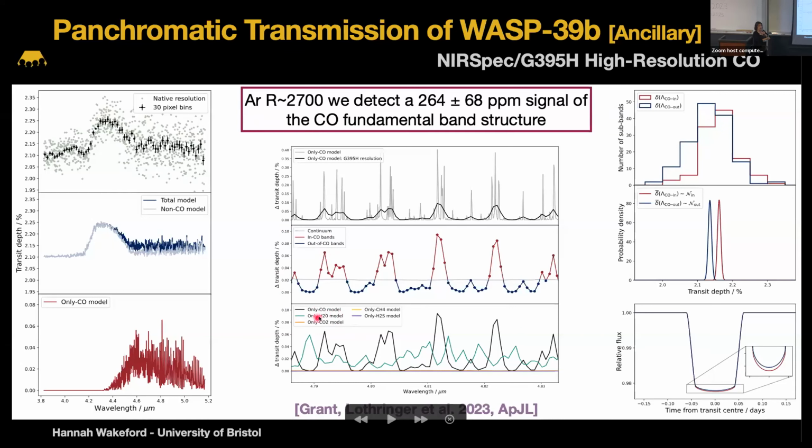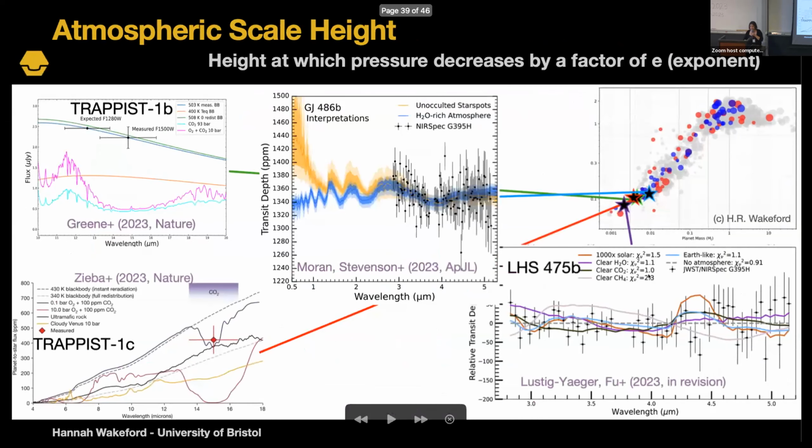It should work if we find methane. I believe we have. So you can see that we've got our CO model, our CO bands, and we can see which observations are in band versus out of band, and we can measure the difference between those. So we can use these slightly higher resolution observations to really look at that fundamental band structure.